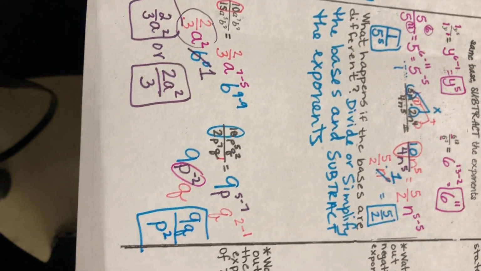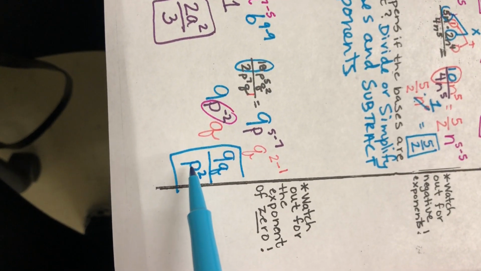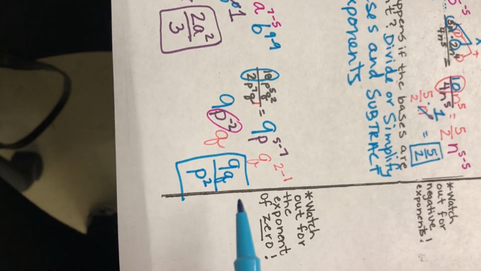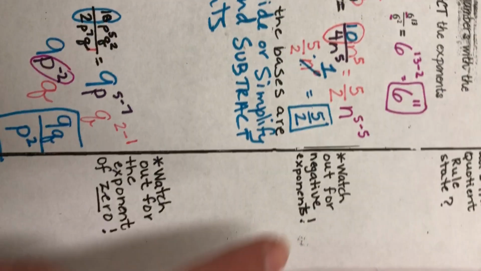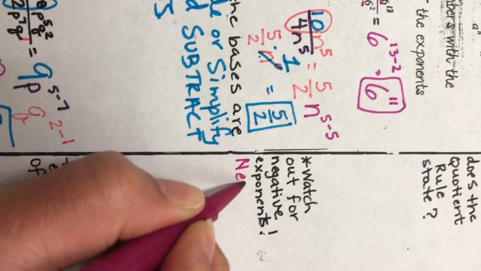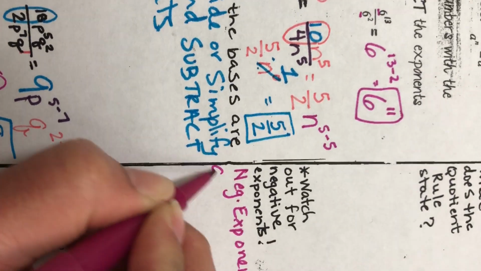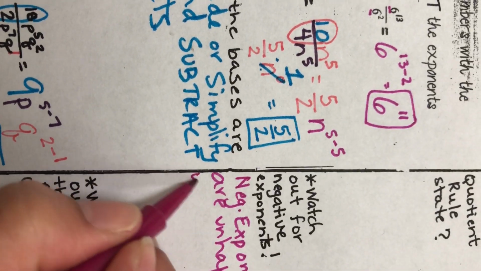Now somebody asked, is there ever going to be a time where you have a negative exponent and instead of putting it at the bottom, you'll put it at the top? Yeah, it could happen, and I'll show you an example in a little bit. Let's write down some notes here. Watch out for negative exponents. Negative exponents are unhappy where they are.